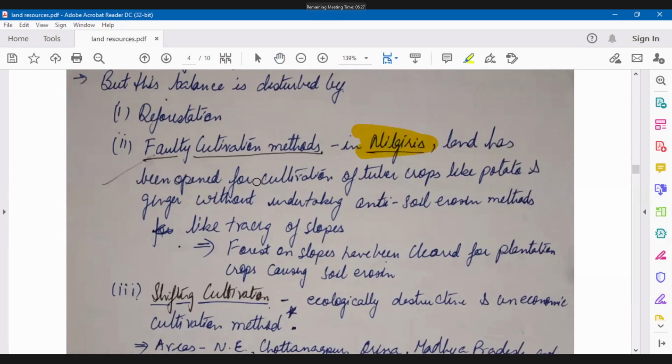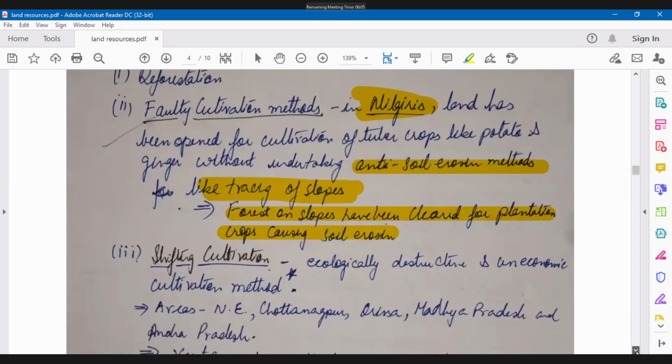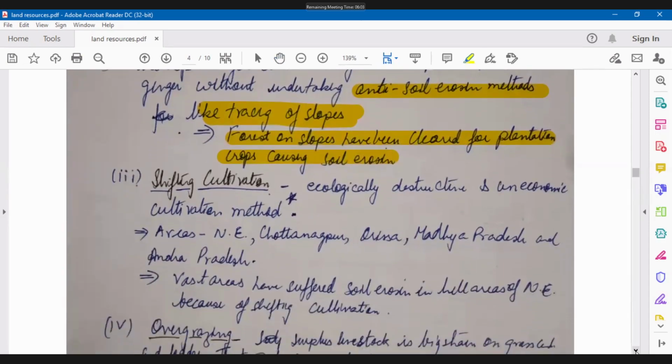The land has been opened for cultivation of tuber crops like potato and ginger without undertaking anti-soil erosion methods like terracing of slopes. Forest slopes have been cleared for plantation of crops, which is causing soil erosion. So these are faulty agricultural practices, and the Nilgiris are in your Western Ghats region.